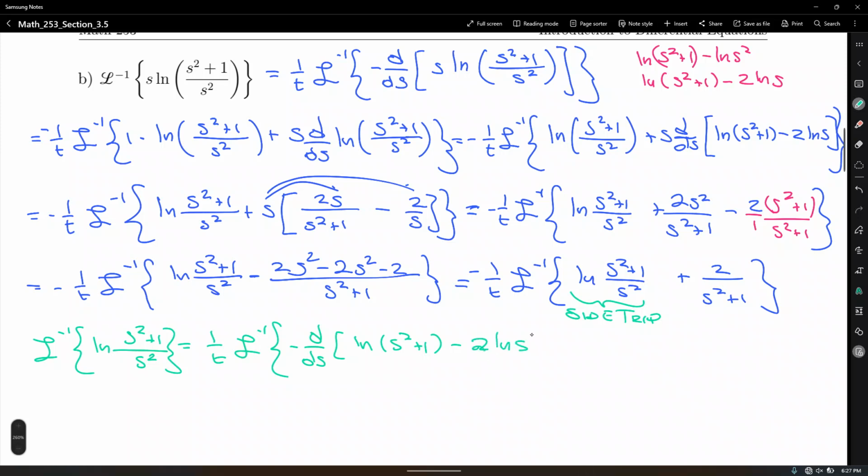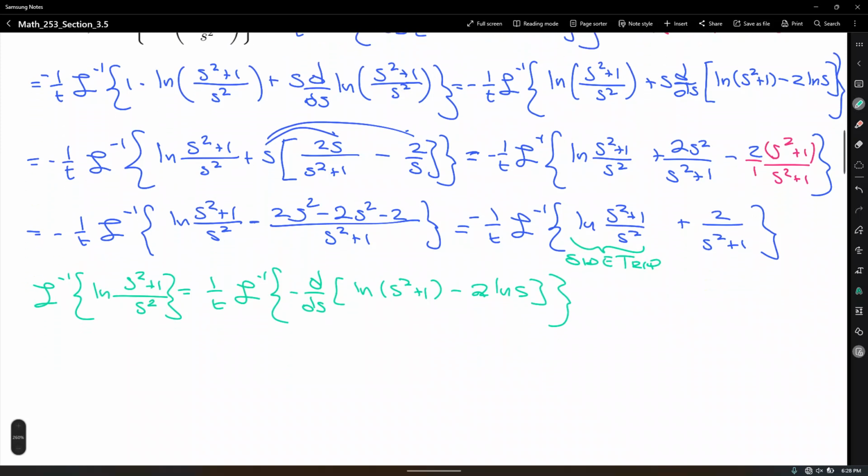Let me use these properties of logarithms already, so we can differentiate at home and find the inverse transforms of those. Let me continue here. I'm going to take out the negative 1 over t, inverse transform of 2s over s squared plus 1 minus 2 over s.